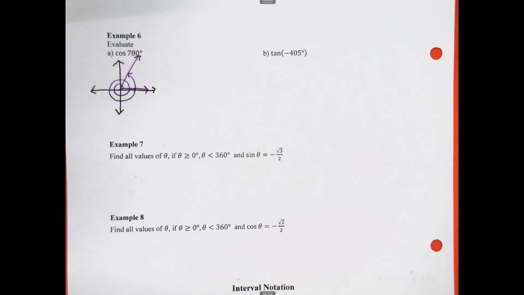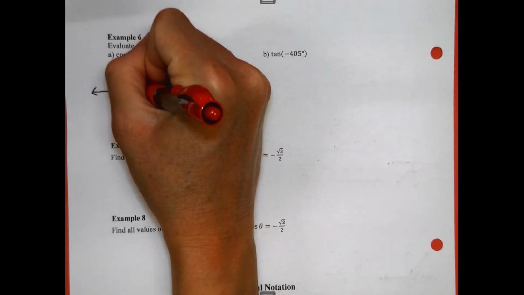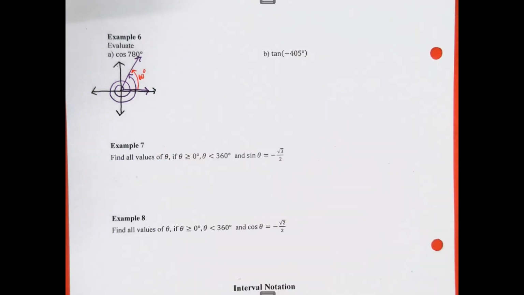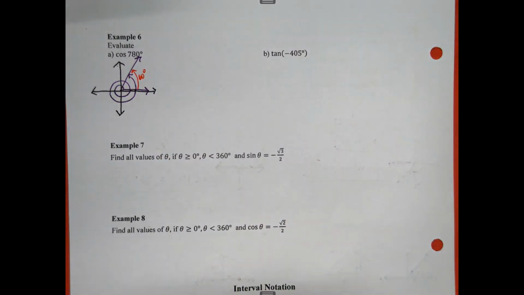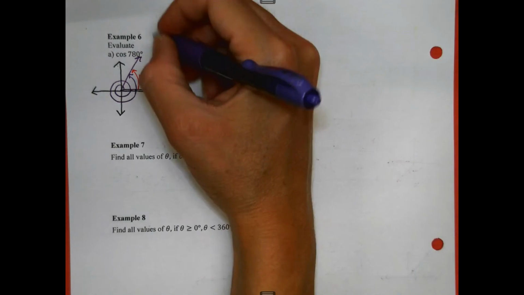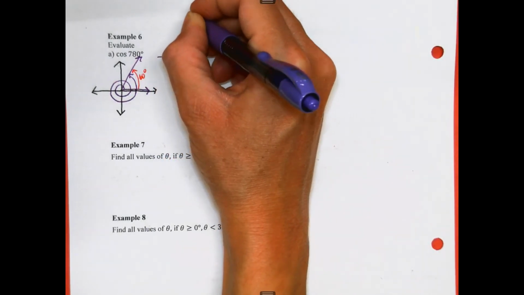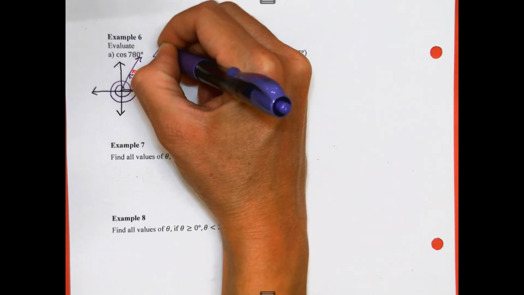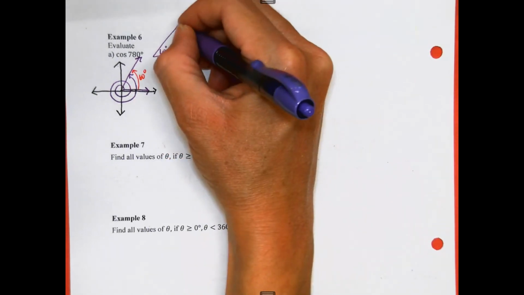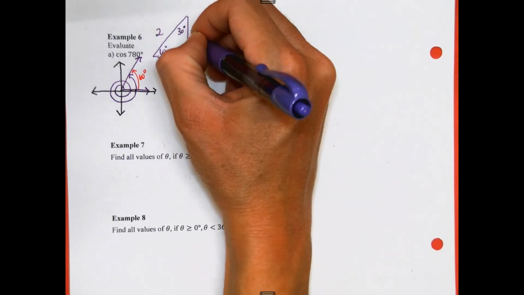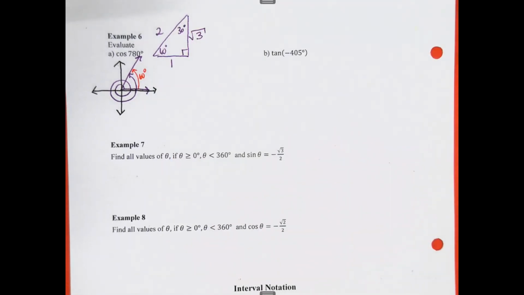So the reference angle that's in here is 60 degrees. So we think about this. We have a triangle that has a 60-degree angle and a 30-degree angle. It's a 30, 60, 90 with the sides 1, 2 and the square root of 3.